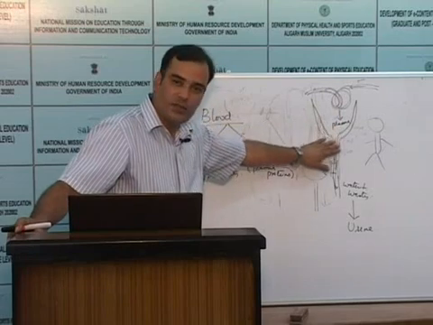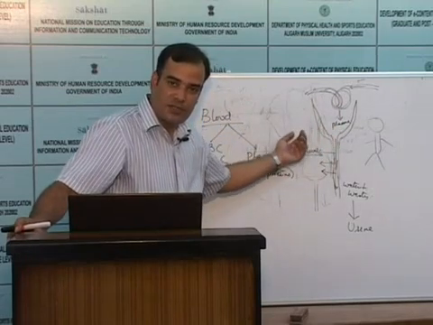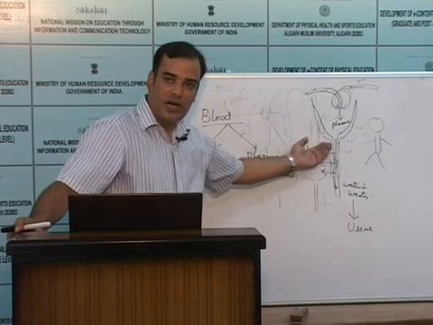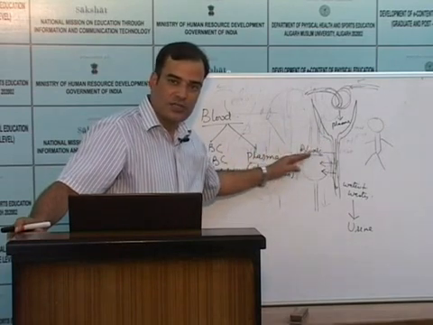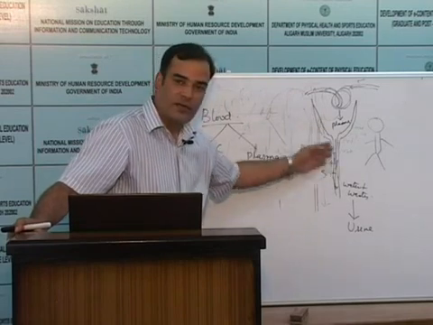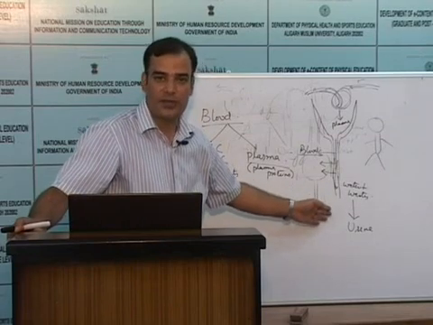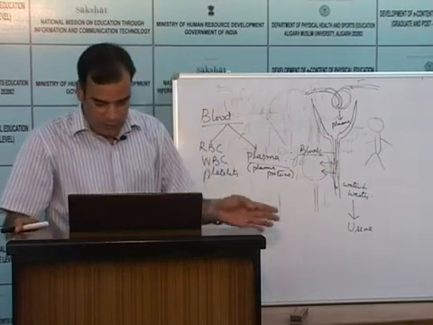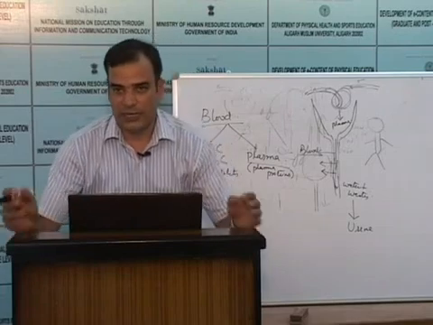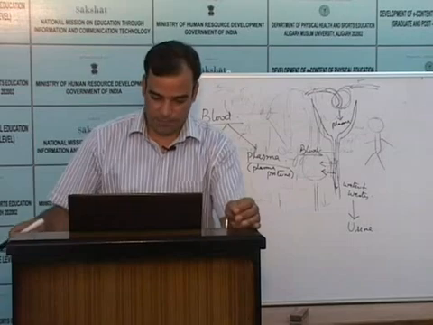While passing through the tubules, the essential substances are reabsorbed back. This process is called tubular reabsorption, and the water and the waste are left inside this tubule, which later form the urine. Now this process of reabsorption or taking back of the useful substances is a selective process.